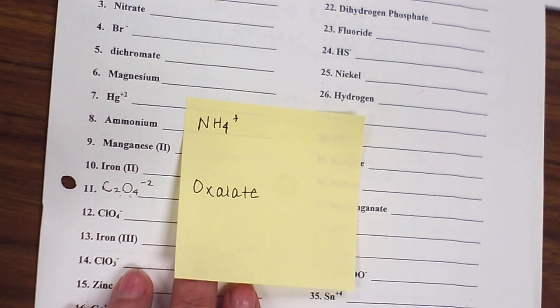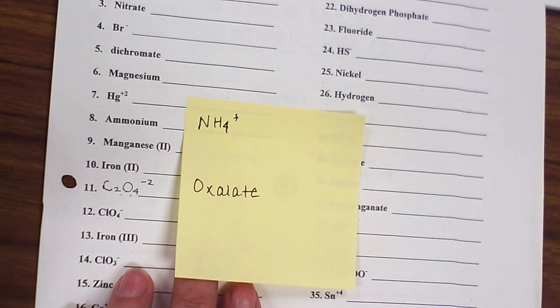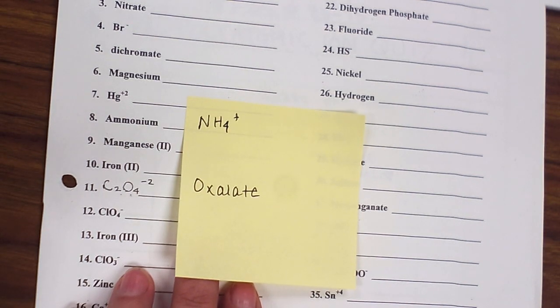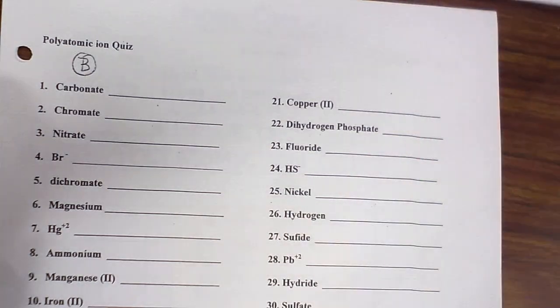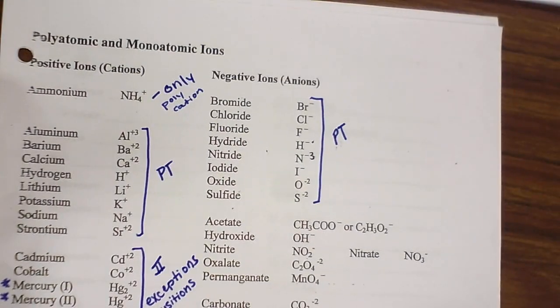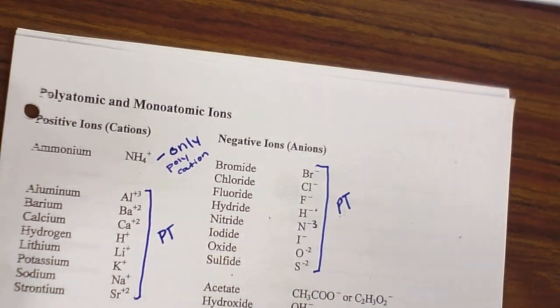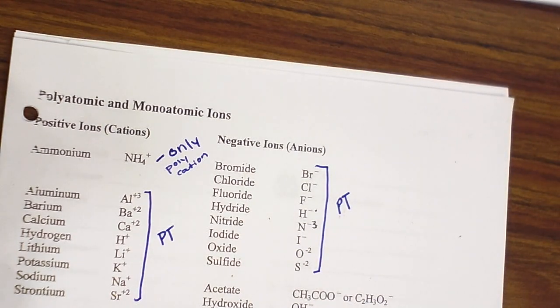Now, I'm going to help you to memorize the 52. All right? So, take out your polyatomic ion list. You can take any notes you like as I go, and then I'm going to give you a mnemonic device that one of my tutor girls gave me that I do not like, but she loved it.